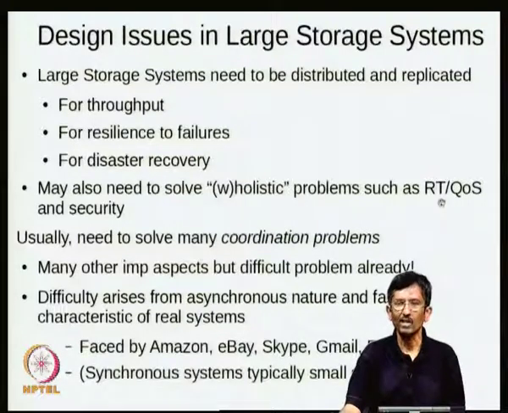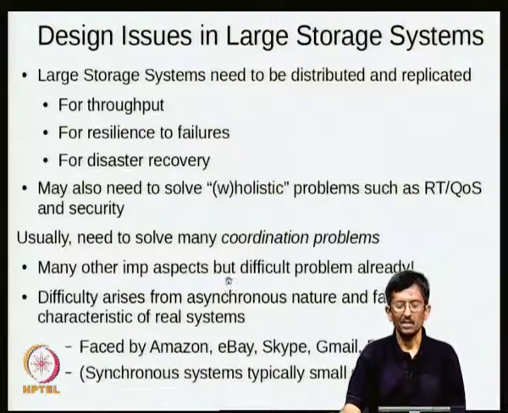Similarly, if you're talking about real time or quality of service, every small thing actually counts. If one part of it is not doing its job well, it can affect the guarantees you can give. So, fundamentally, we can see that you need to solve many coordination problems. To me, this is the most important problem you have to solve. There are other issues, but if you can solve this coordination problem, I think most things we can take care of.